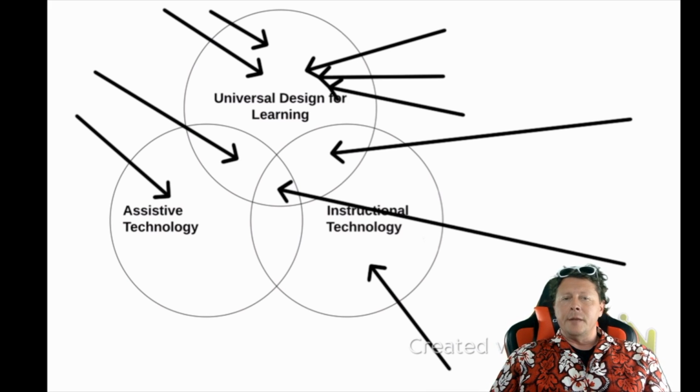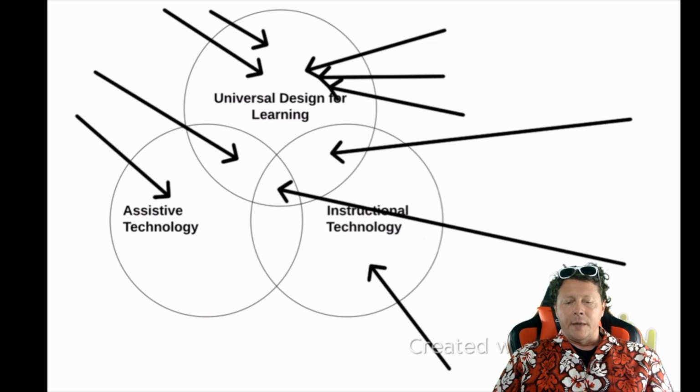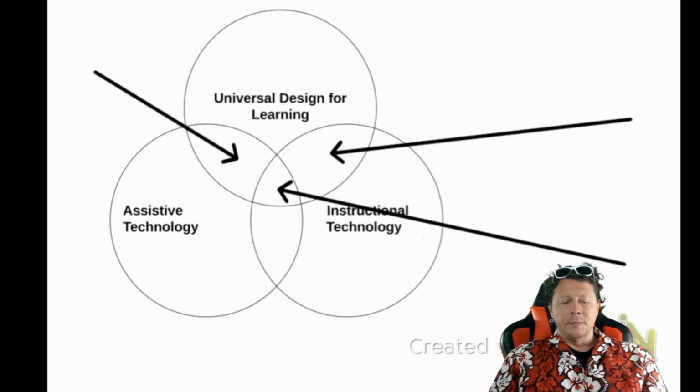Make sure that you're meeting the assistive technology needs of any of your students with disabilities, and be confident in using and learning to use the instructional technology that you have and that will become available to you in the future. All of those things are much more important than focusing on which thing goes exactly where, because that can be just too overwhelming.